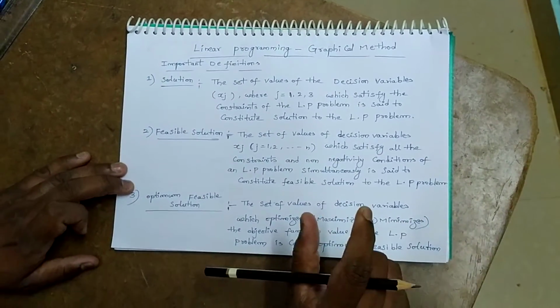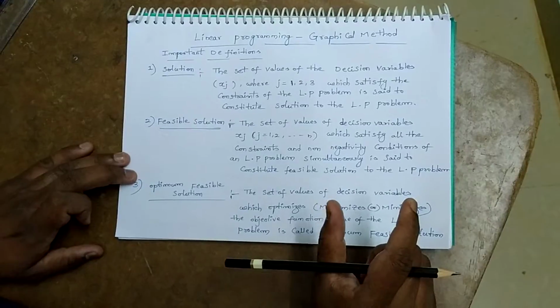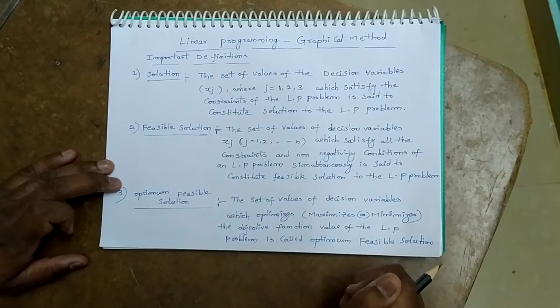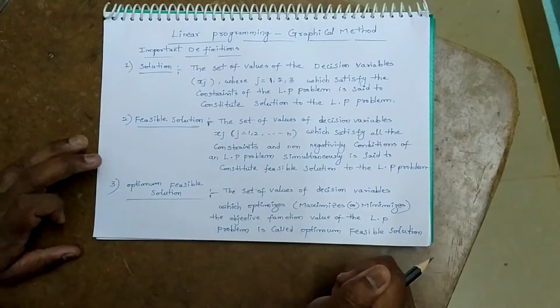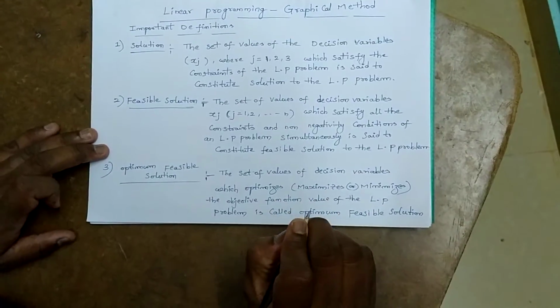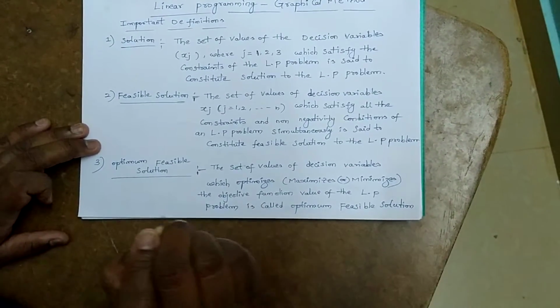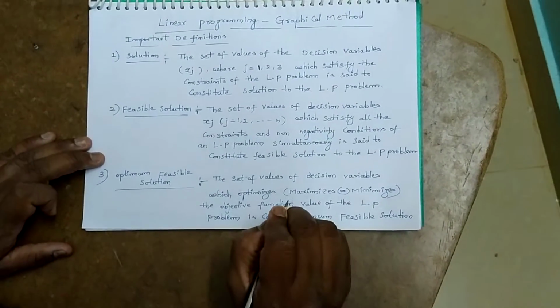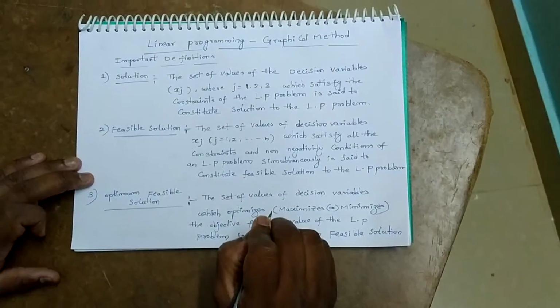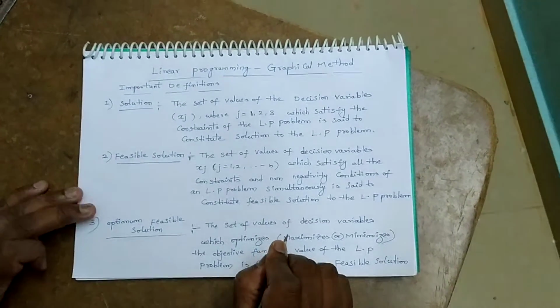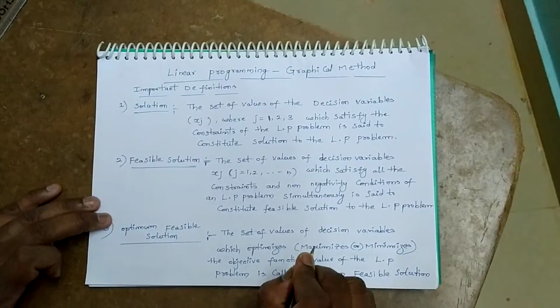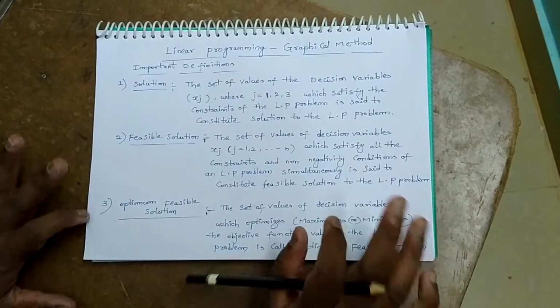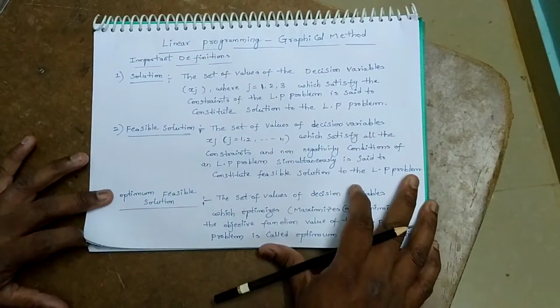There are certain values of the decision variables which satisfy the constraints of the linear programming problem. Such decision variable values are known as a solution.